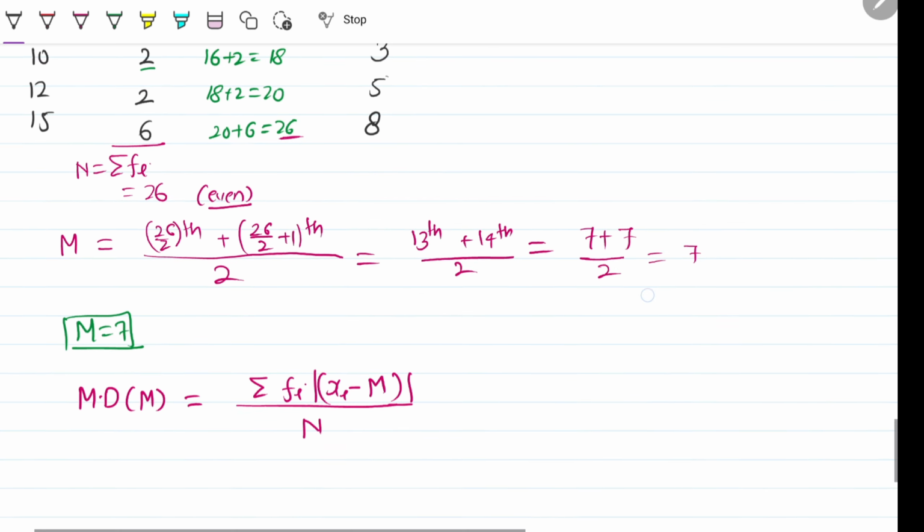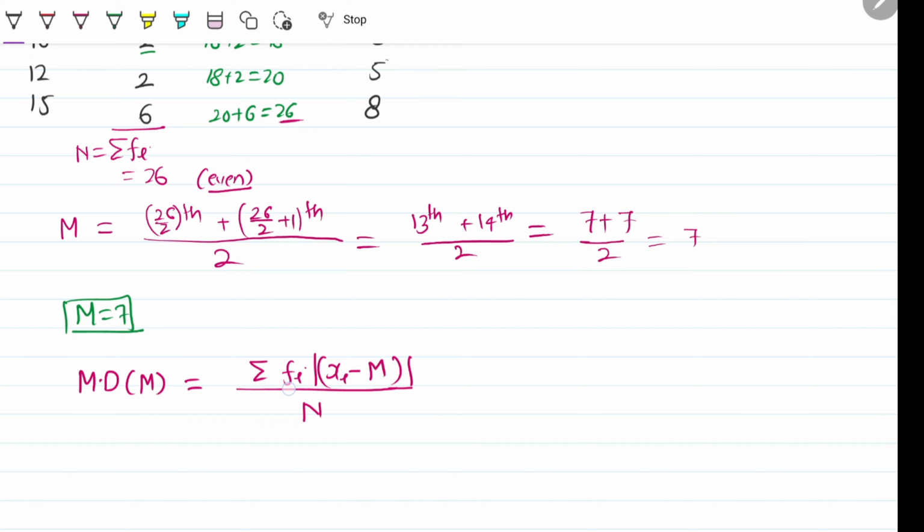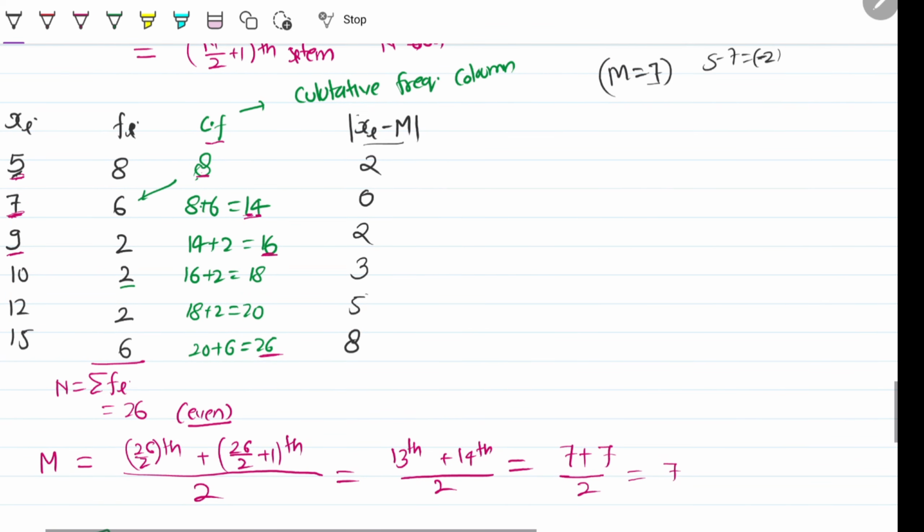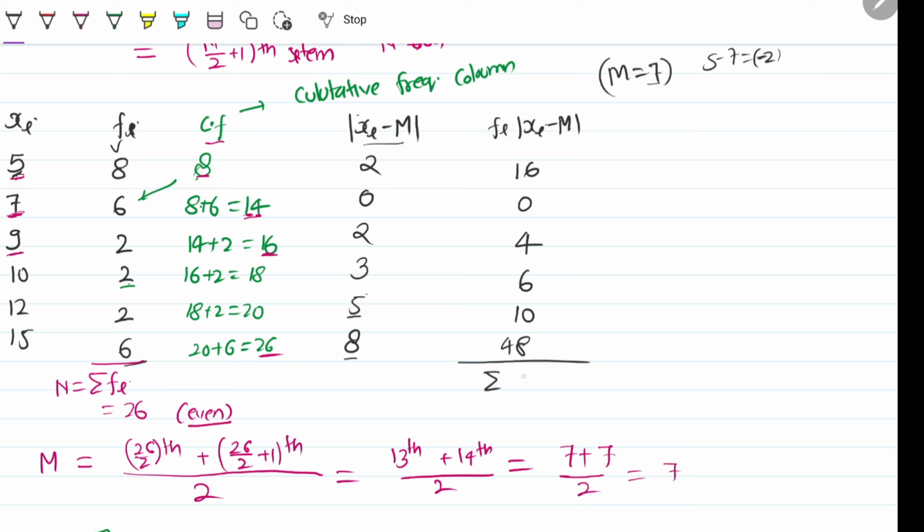Next, according to the formula, you need fi into |xi minus M|. So the next column will be fi |xi minus M|. fi is this value, so 8 into 2 is 16, 6 into 0 is 0, 2 into 2 is 4, 2 into 3 is 6, 2 into 5 is 10, 6 into 8 is 48. The sum of this column, sum of fi |xi minus M|, add all this, it is 84.